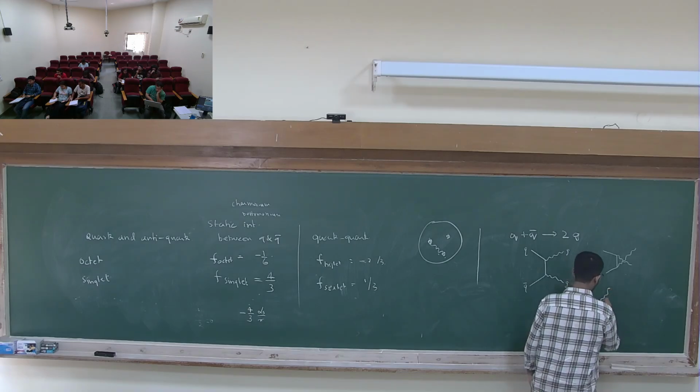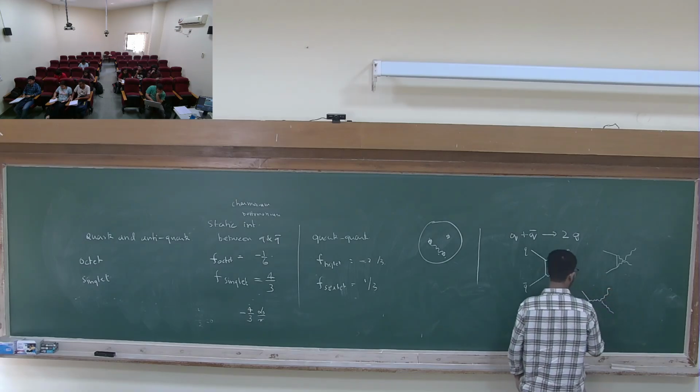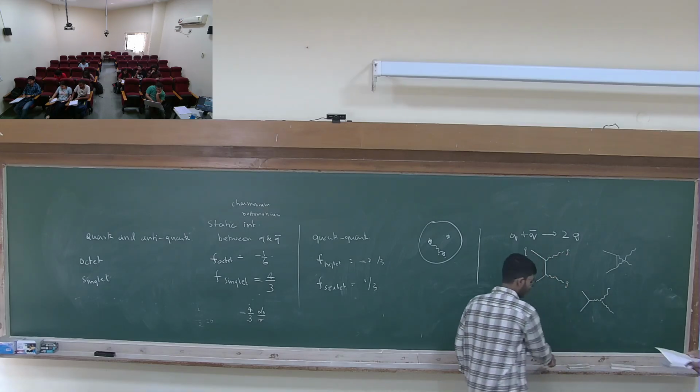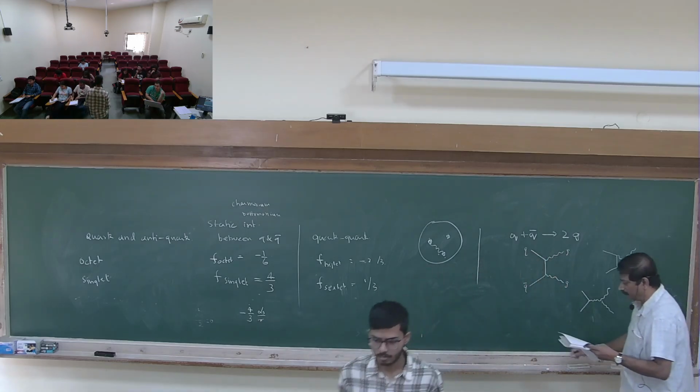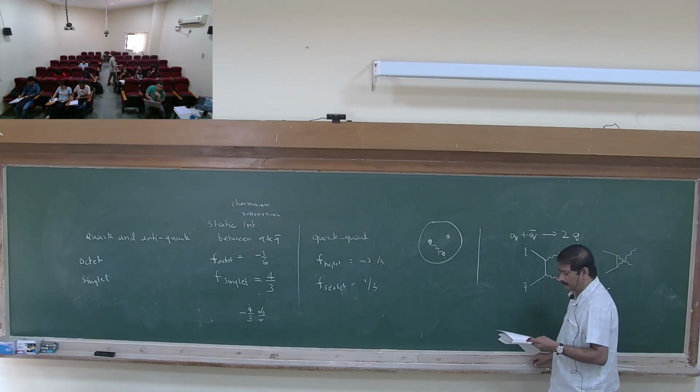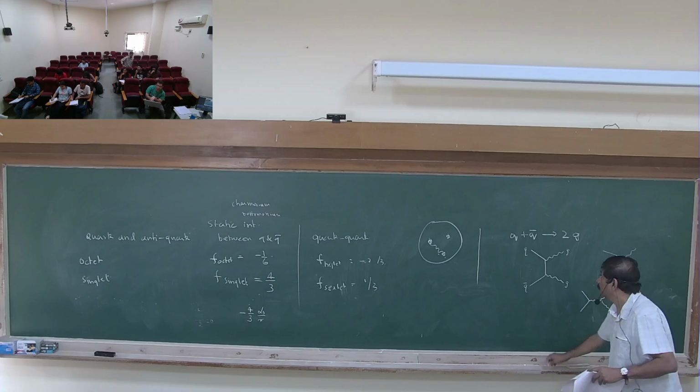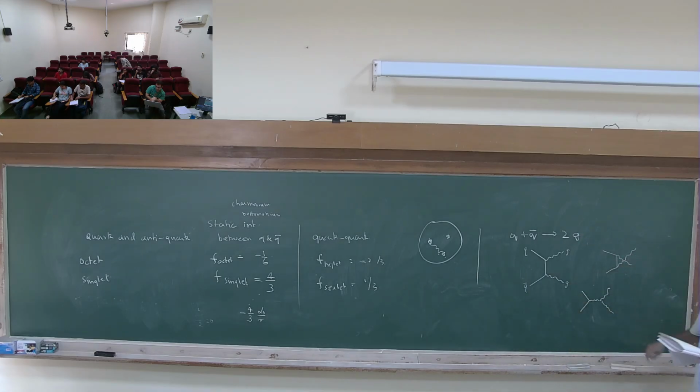Exactly. Right. So there are three diagrams of this particular thing. And once again, you have to ask whether this overall thing is going to be in a singlet or octet. Both possibilities are there. So you have to project it onto the spin singlet state. So you can project all this onto the spin singlet state.